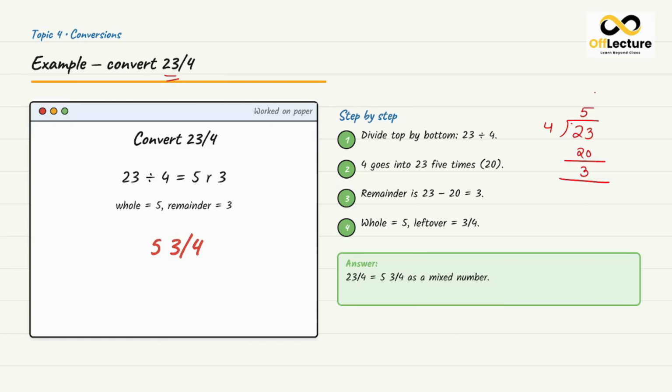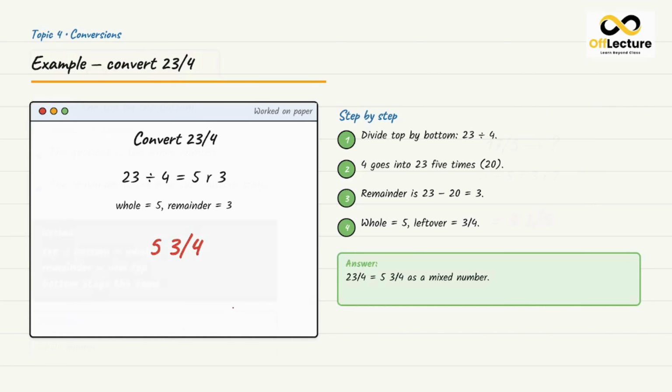Now we know that this part will become our whole number. This part, which is the remainder, will become my numerator for the proper fraction part, and this will become my denominator. So what will be my answer? 23 by 4 is represented as 5, 3 by 4 in mixed fraction format.